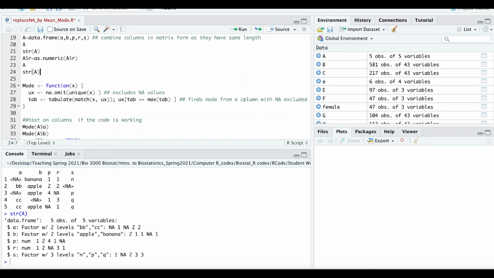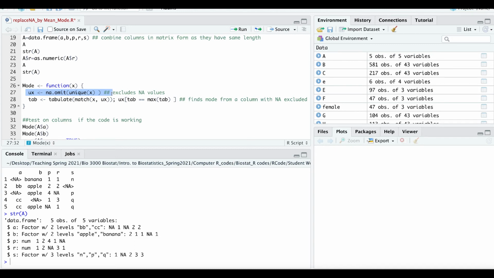So I need to first define what mode is. Mode is defined here: mode equals function x, where ux is na.omit. When you find the mode of data, sometimes there may be more NA values than anything else repeated. If you don't have this line, this definition will sometimes pick the mode as NA, because NA is the most repeated compared to any other level.